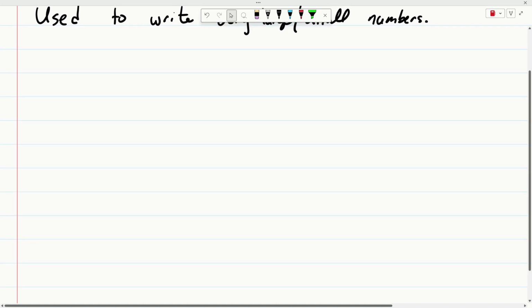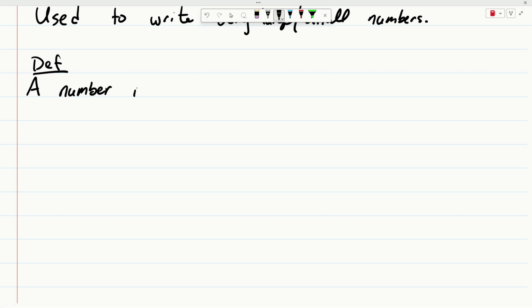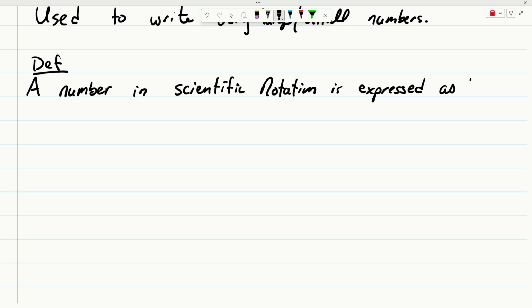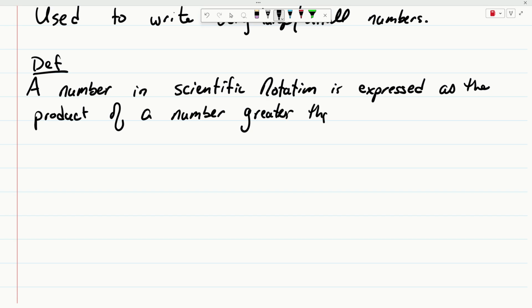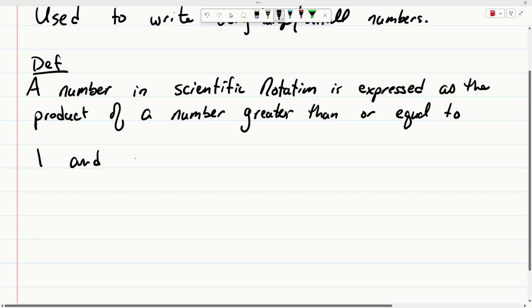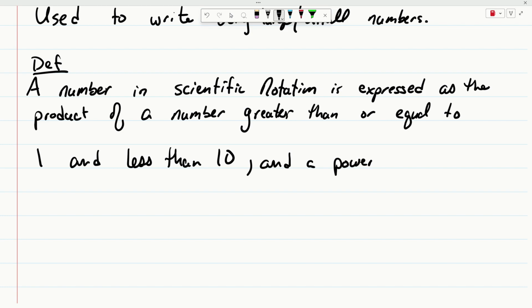Now, here's our definition. A number in scientific notation is expressed as the product, so we're multiplying, of a number greater than or equal to 1 and less than 10 and a power of 10.